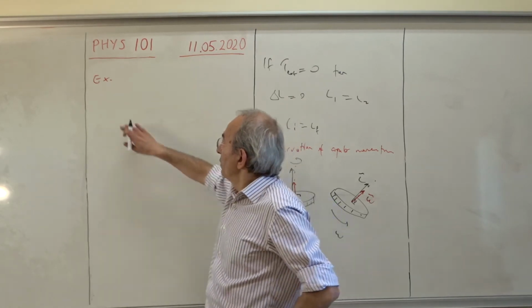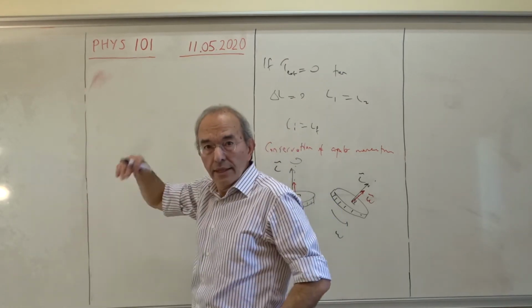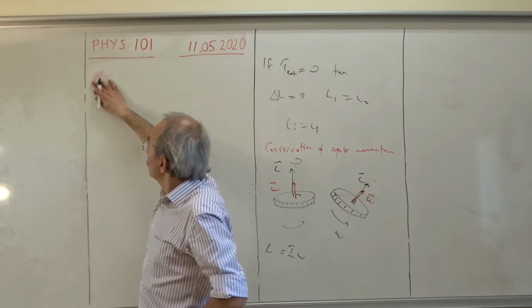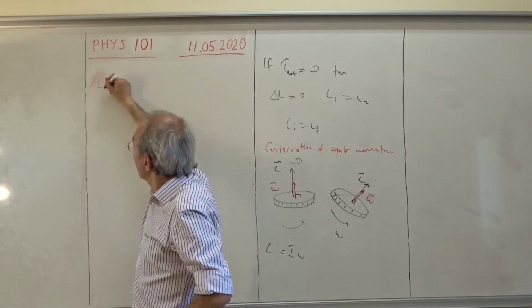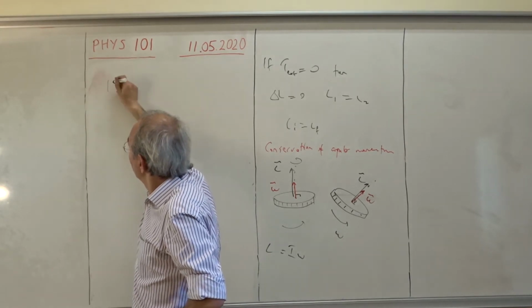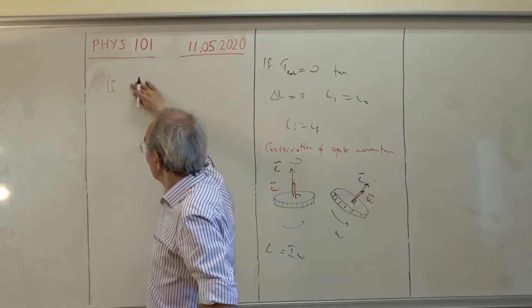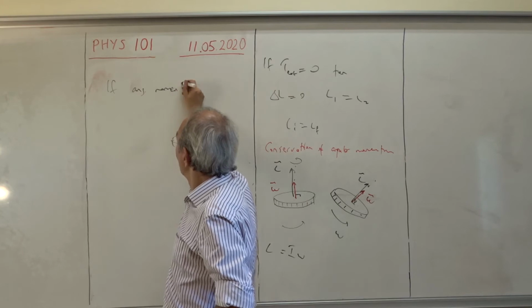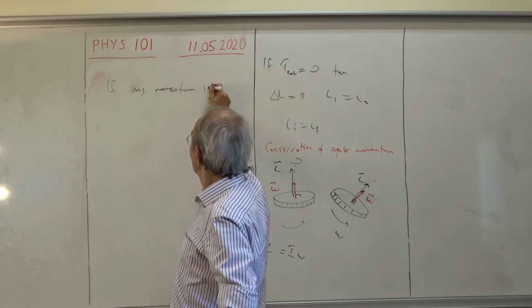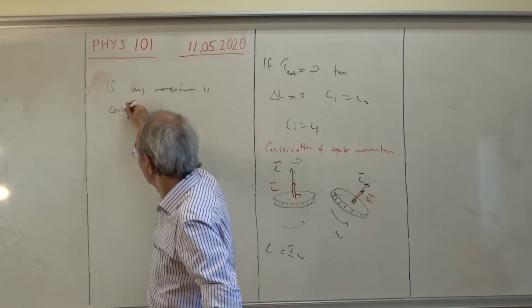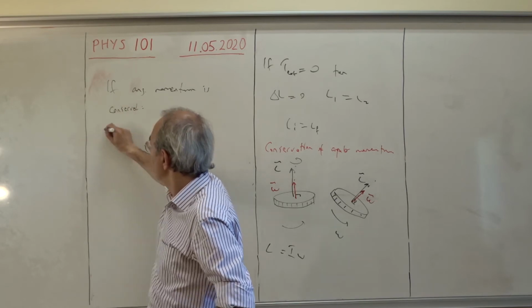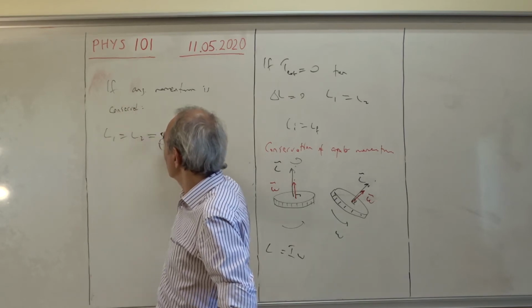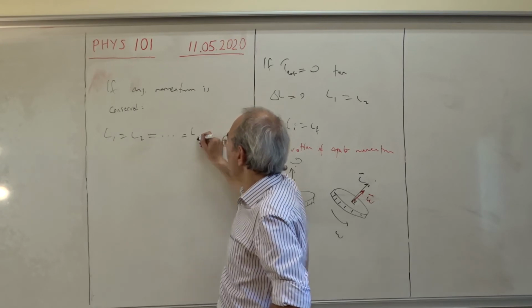L1, L2, L3. Angular momentum is conserved means the following: if angular momentum is conserved, then L1 equals L2 equals Ln, for instance.